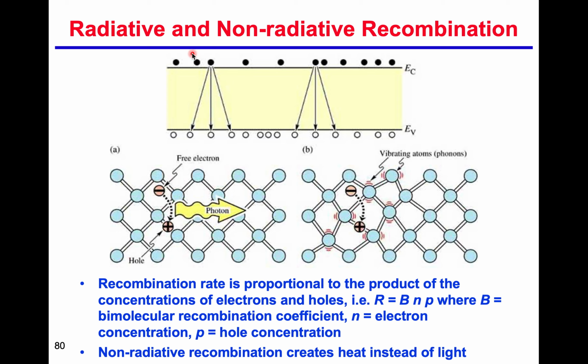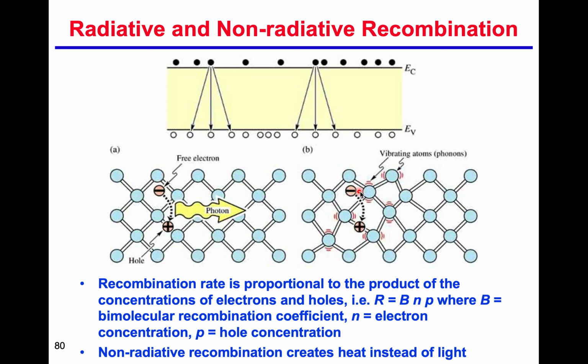And here we will show you some basic ideas about radiative and non-radiative recombination. When we promote an electron from the valence band to the conduction band and it wants to go down from the excited state to the ground state, there are different ways to do that. One way is radiative recombination, where it generates a photon, okay?